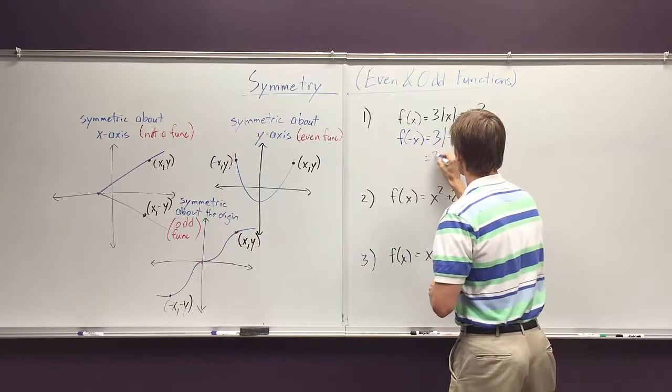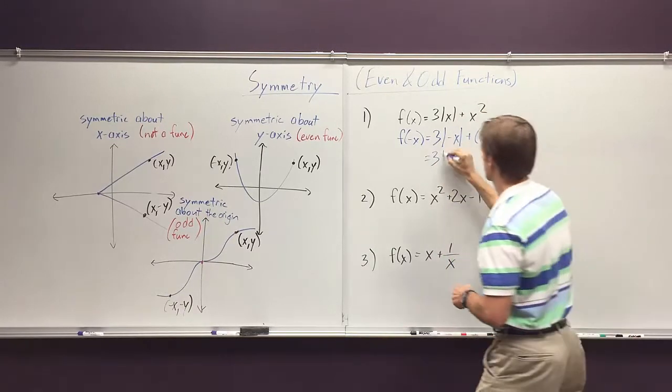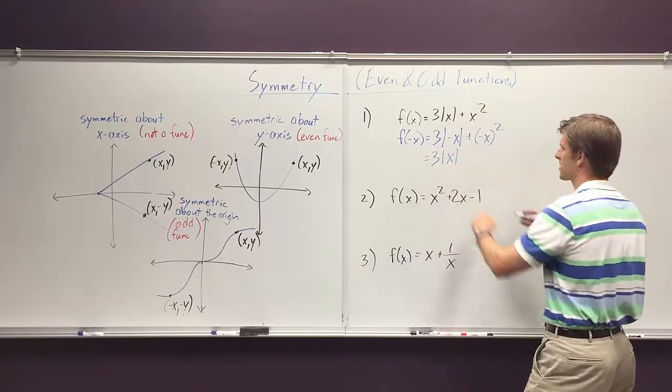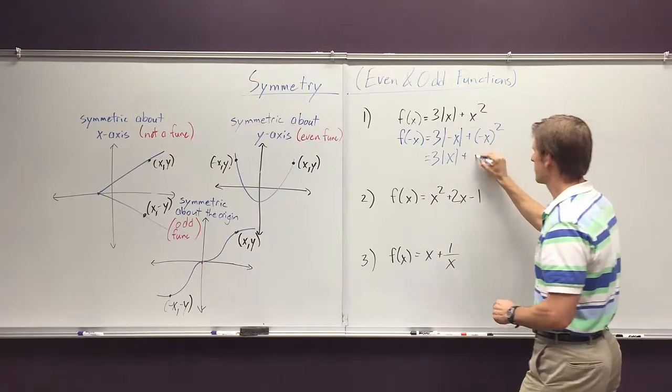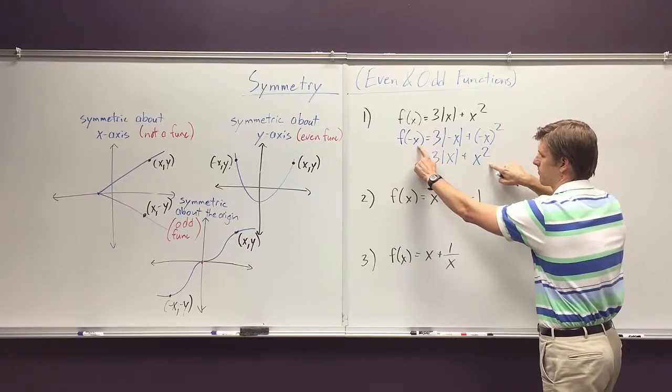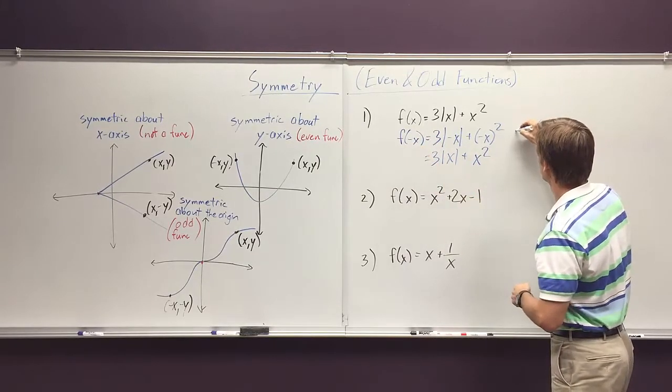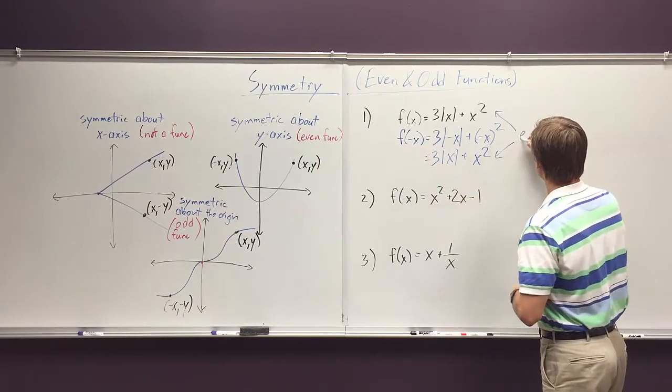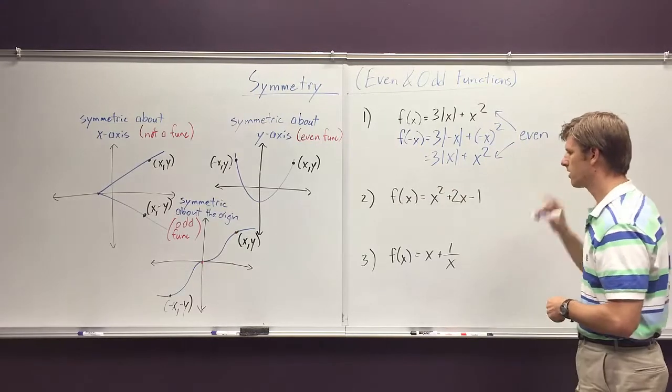We'll follow the rules. What's the absolute value of negative x? You guessed it, absolute value of x. Negative x times negative x is x squared. Hey, look, the output for x is the same as the output for negative x. Therefore, this is even.